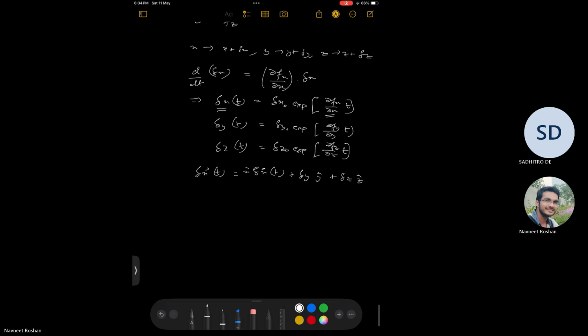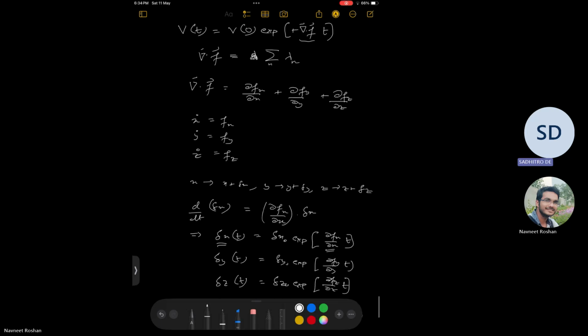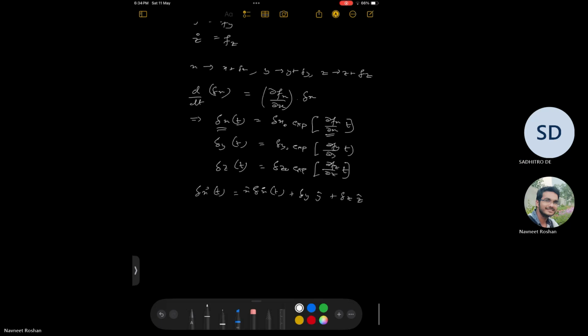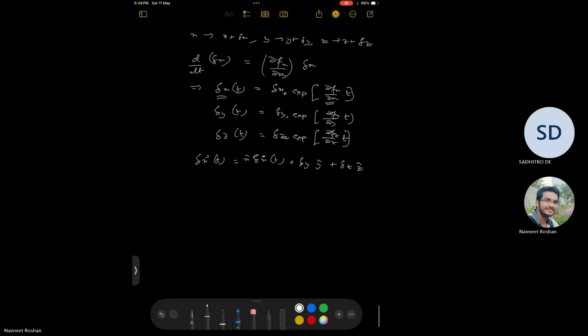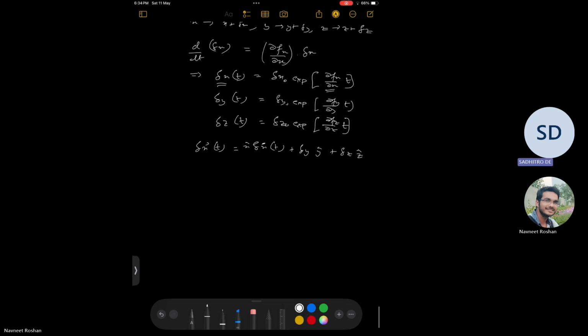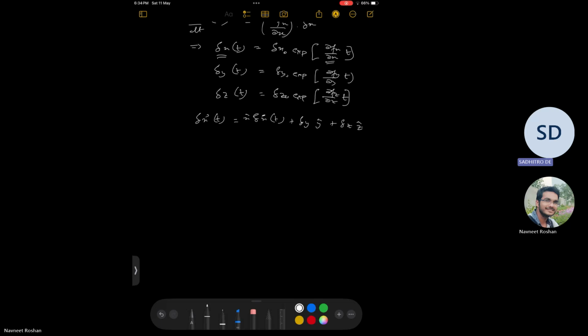Okay, now coming back to the volume expansion. So a volume in phase space, if I consider an infinitesimal volume like this, then let's suppose these axes are basically delta x naught, delta y naught, and suppose this I call delta z naught.